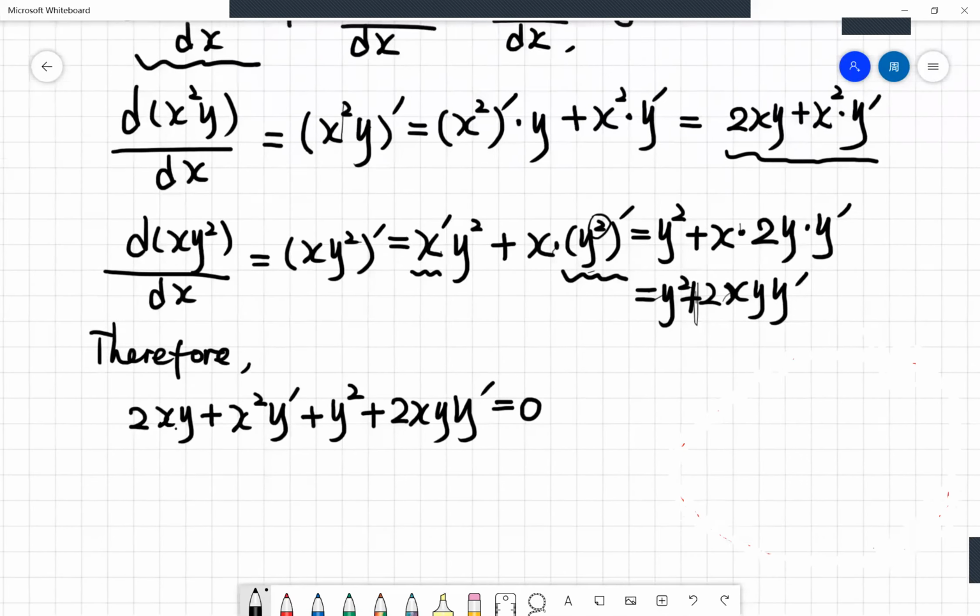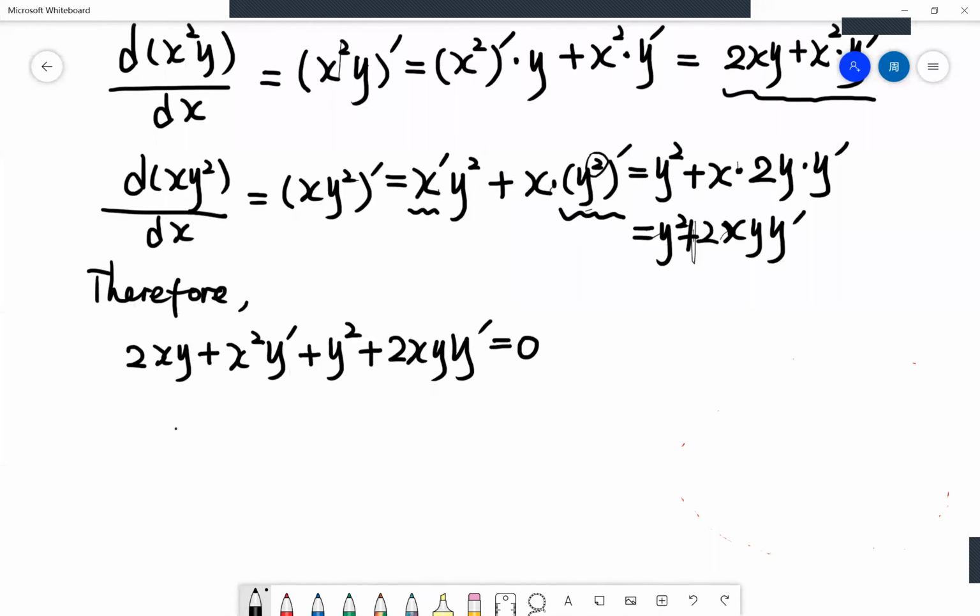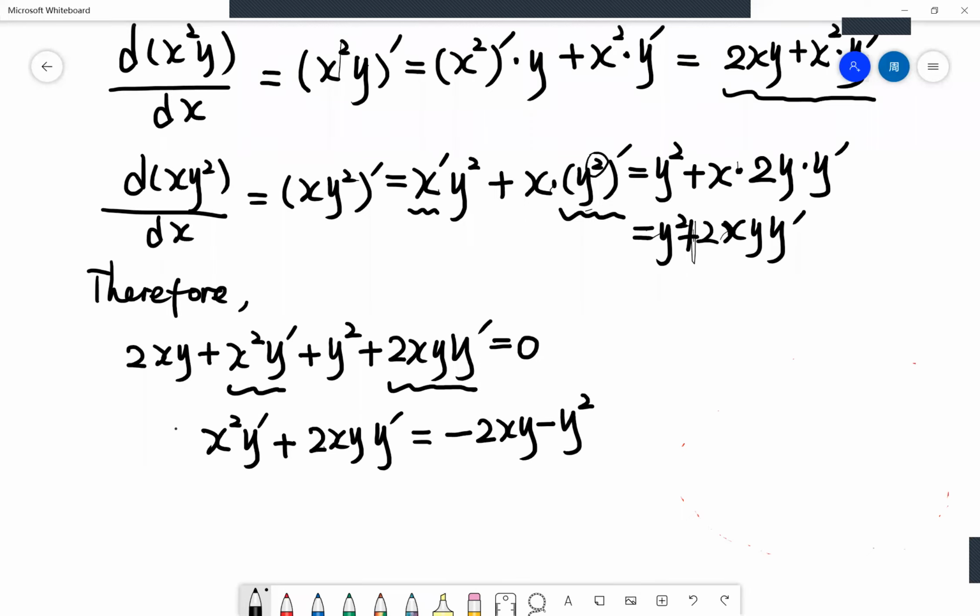And then we put all the terms with y prime on the left and others on the right. So we will find that x squared y prime plus 2xy y prime equals minus 2xy minus y squared.